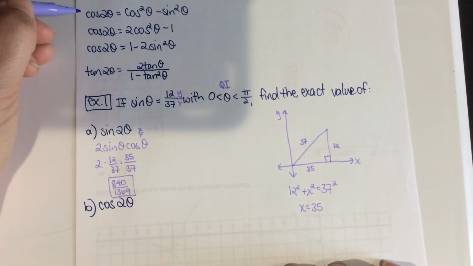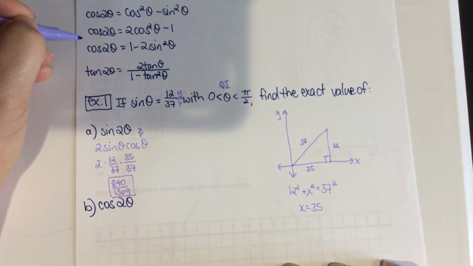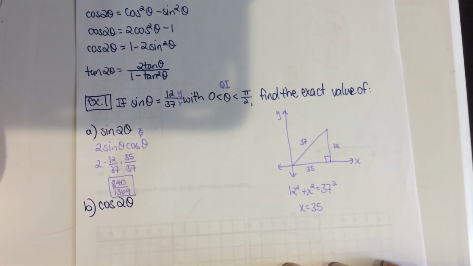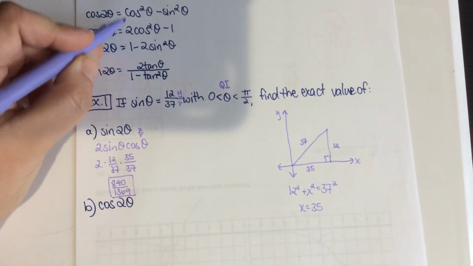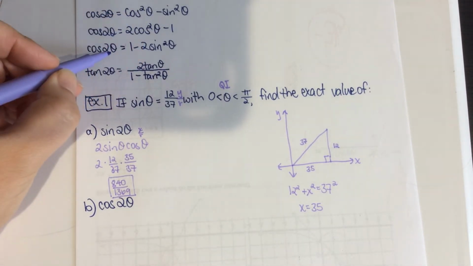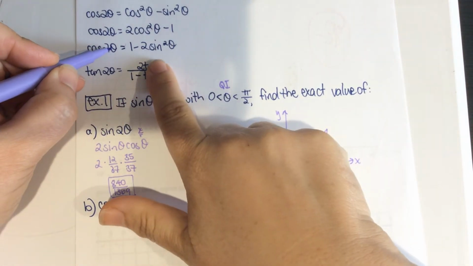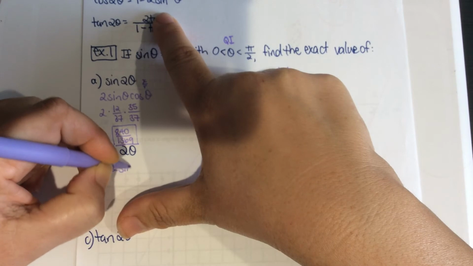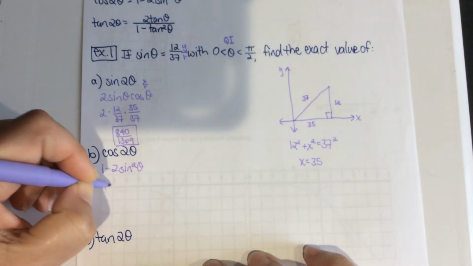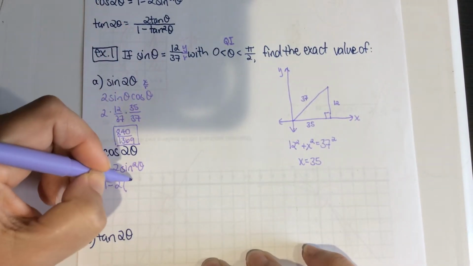For cosine of 2 theta, we can pick whichever of the 3 we want. There are 3, they are equivalent, and again, I'm going to show you where these come from next time, hopefully. I would prefer to only have 1 trig function instead of having 2, and I might as well go with the one that's already given to me. So I'm going to use 1 minus 2 sine squared, because I already know sine is 12 over 37.